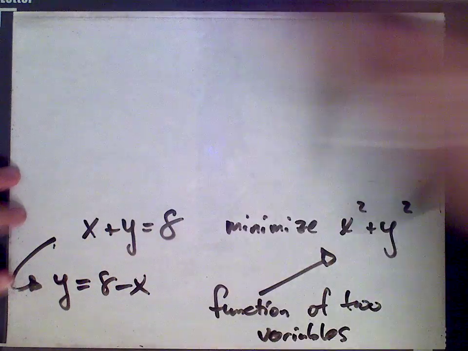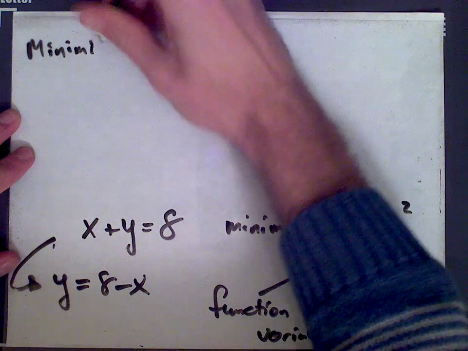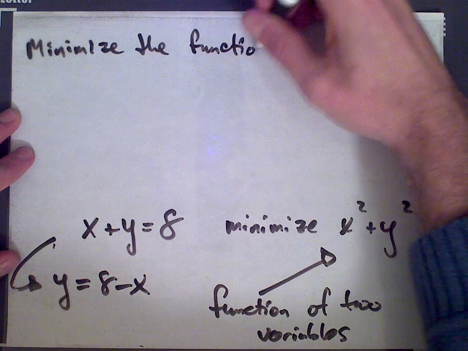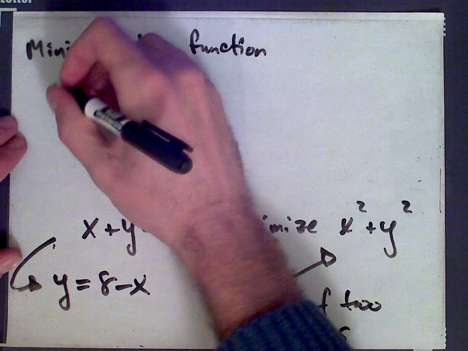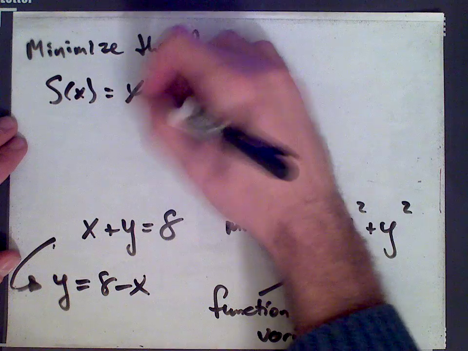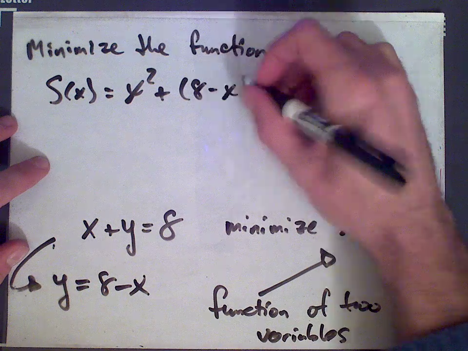We'll do that up here. So we want to minimize the function. Let's call it, for squares, s of x equals x squared plus, and now y is 8 minus x, so that's squared.